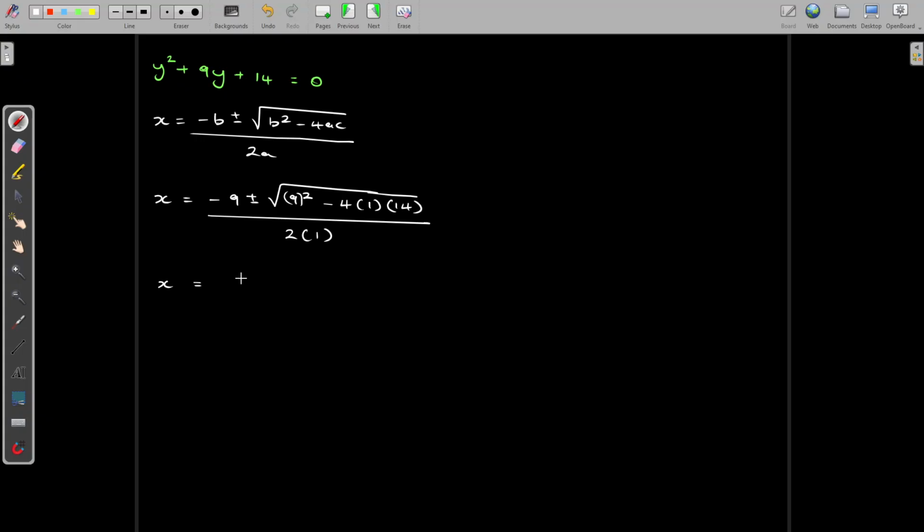So x is equal to negative 9 plus or minus the square root of 81 minus 56. So 81 minus 56, that's 25.